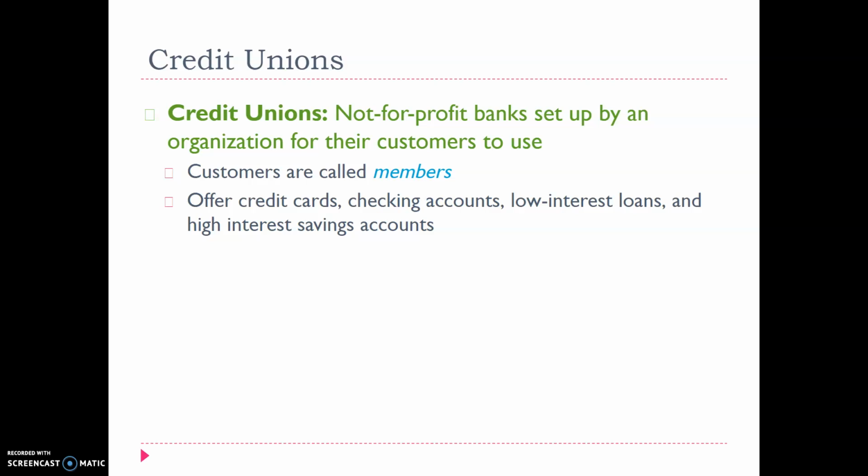So, for example, we have a credit union for Fargo Public Schools, and you have to be a member or an employee of Fargo Public Schools in order to bank at that credit union. Credit unions are still going to offer the majority of the same services that a full service bank does. It's just that they may not have as many services.